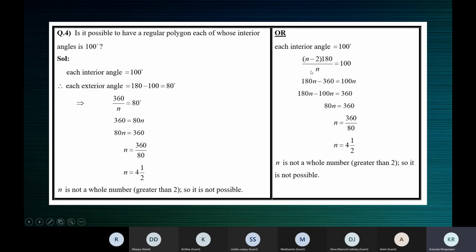When you cross multiply and solve this, you get n is 4.5. Or you can work with each exterior angle. Interior is 100, so exterior is 80, and each exterior angle is 360 by n. So 360 by n is 80. Working this, you will get the same value for n, 4.5. Not acceptable, so not possible.